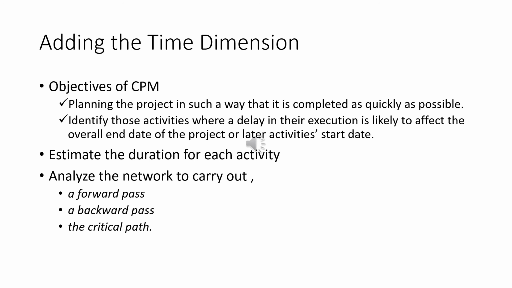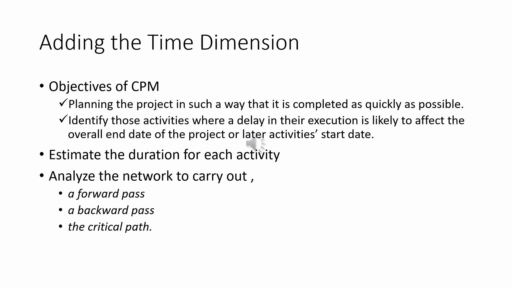It is a measure of how late an event may be without affecting the end date of the project. Any event with a slack of 0 is critical in the sense that any delay in achieving that event will delay the completion date of the project as a whole.